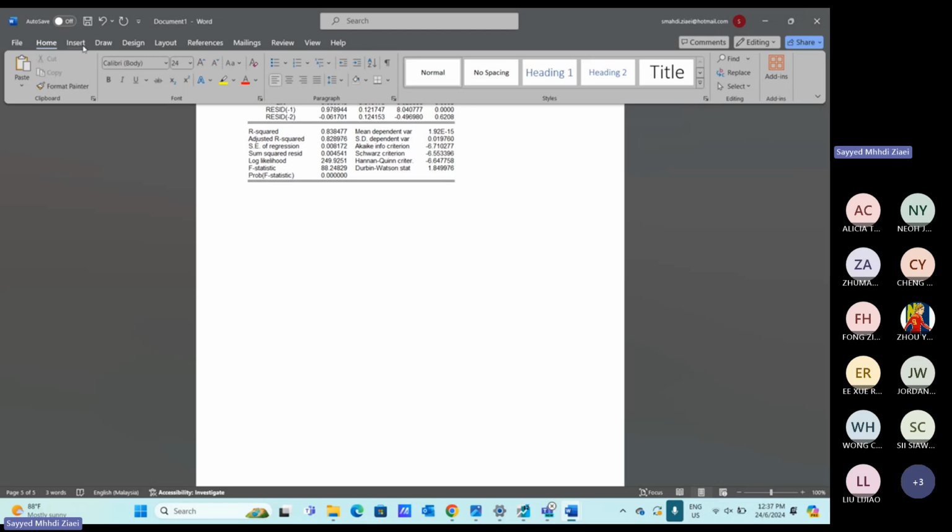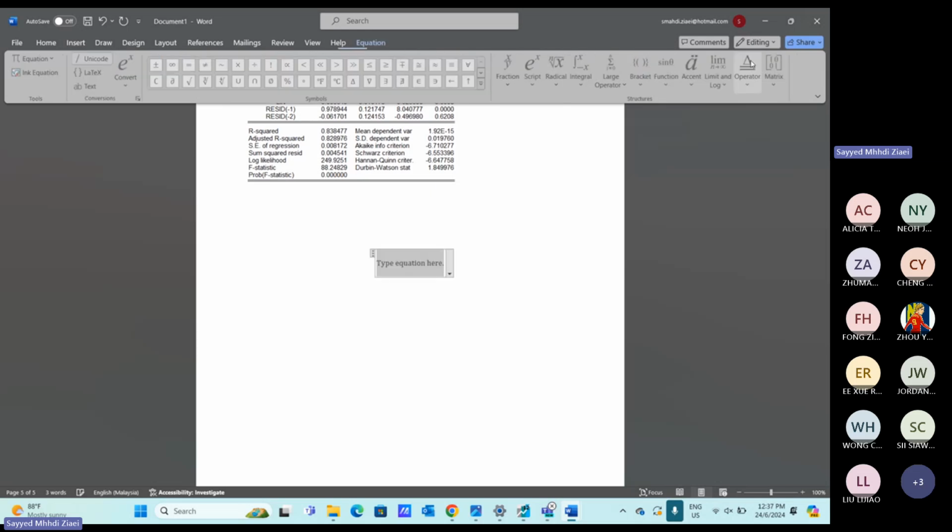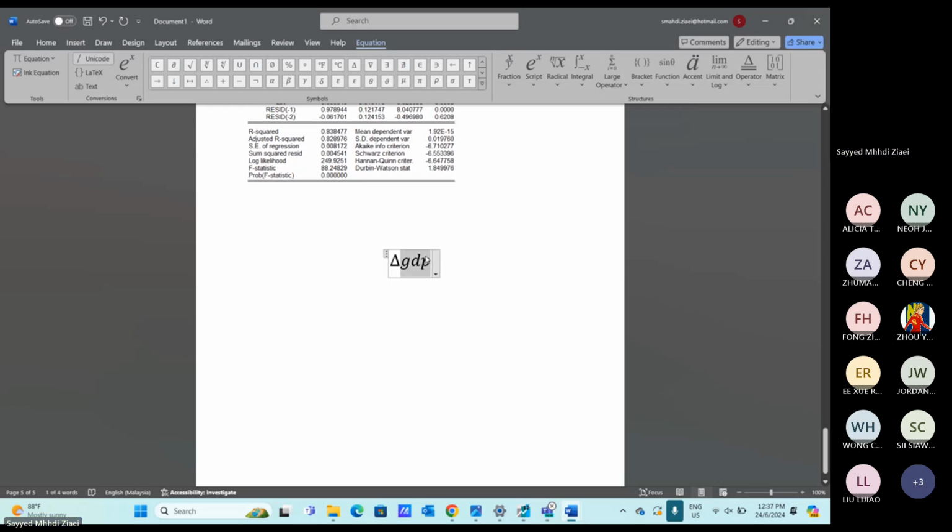You need to use delta. Let me find delta, should be here. Where is delta? Okay, delta GDP. Delta GDP means GDP at T minus GDP at T minus 1.